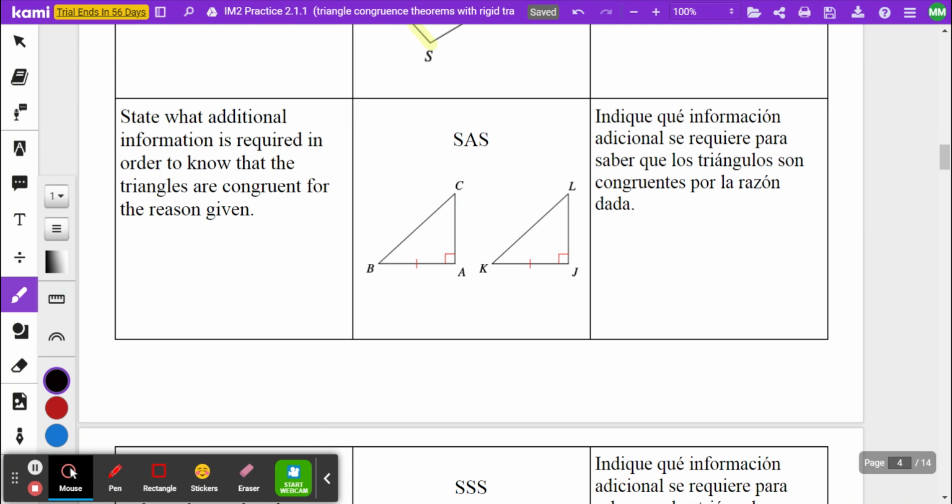Next, what would I need in order to use side angle side here? Well, so far I have a side and then an angle. I would need the next thing I had to be a side. So I would need to know that the length AC were equal to the length JL, meaning side AC congruent to side JL.